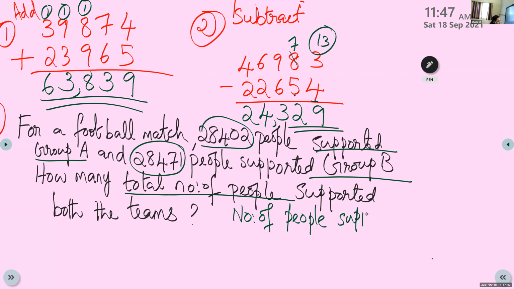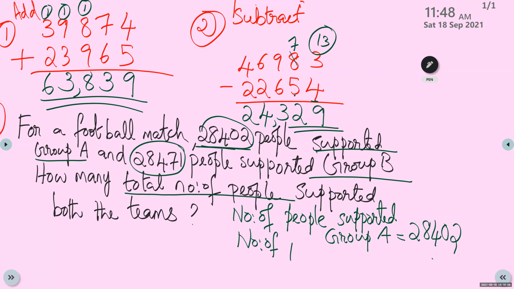Very good, children. You have to write this step neatly. Number of people supported group A. Look at the question here. How many people supported group A? 28,402. Okay. Next, what will you write?